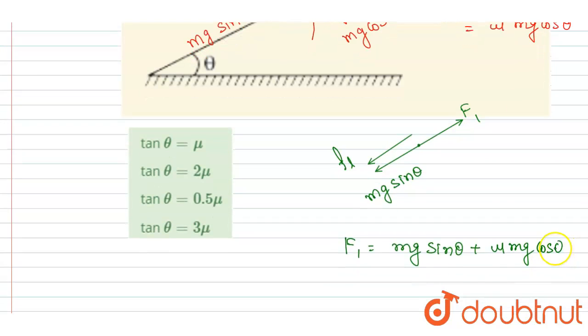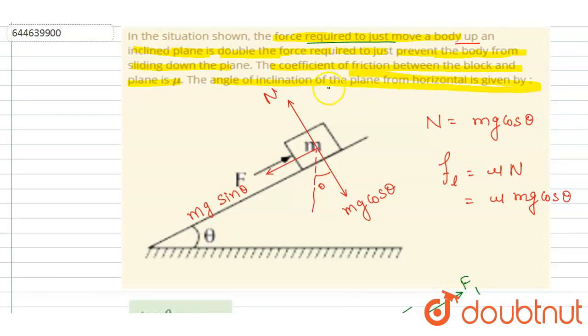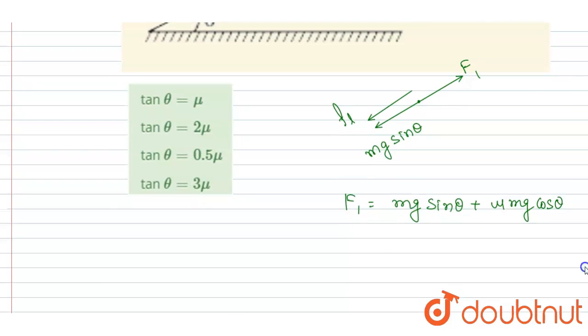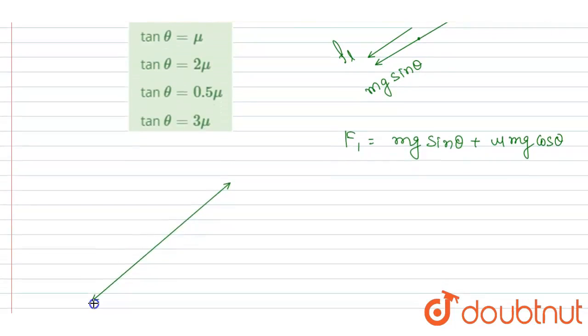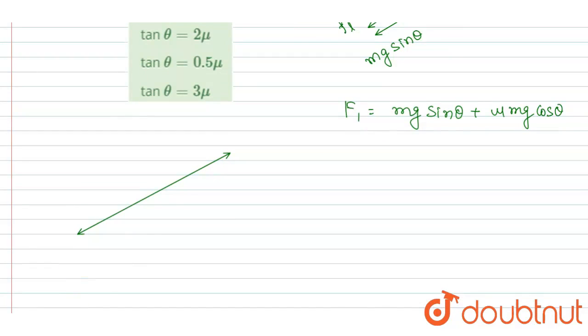Now in the second case, it is said that the force is required to just prevent the block from sliding. So what does it mean? It means that the block will slide, because mg sin θ will be more than the limiting friction, right? If I make a diagram, you will get to know that in this case the friction force will be acting in the upward direction and the force will act with it.